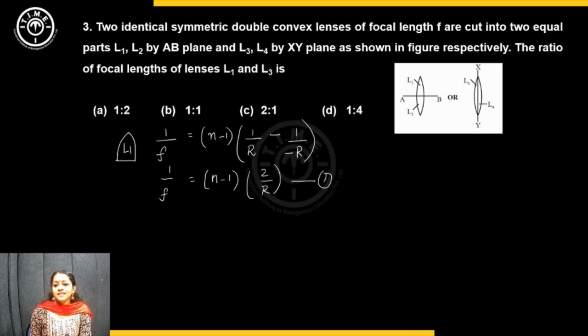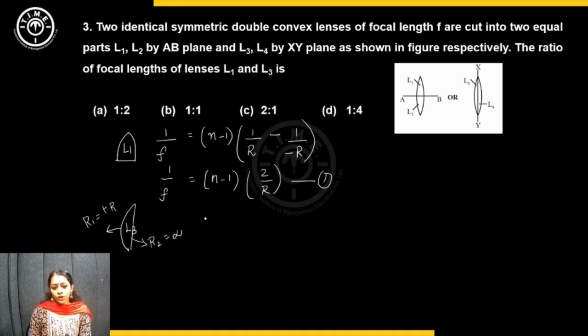Now when the lens is cut along a vertical plane XY, there will be a change in its focal length, because when you consider the part L3, it has now become a plano convex lens. So the radius of curvature of the first spherical surface, you can take it as positive r, but the radius of curvature of the second surface, which is a plane surface, will be infinity.